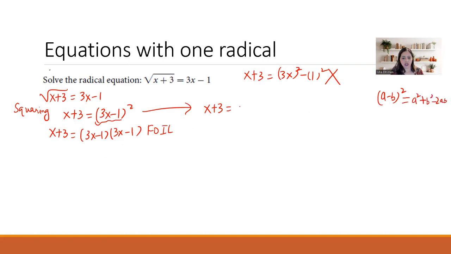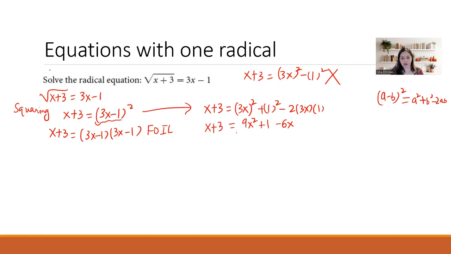So a is 3x, b is 1, minus 2 times 3x times 1. So this is 9x squared plus 1 minus 6x. When you're squaring 3x, make sure you're also squaring 3. So it's 9x squared plus 1 minus 6x.